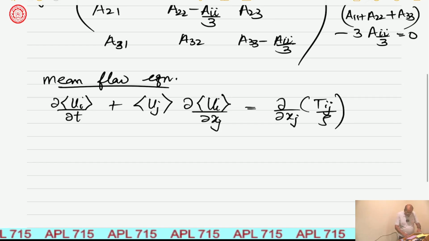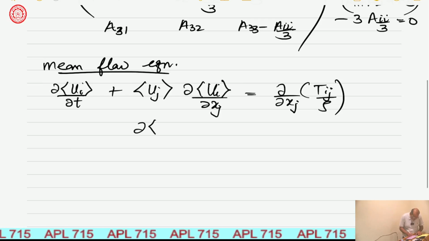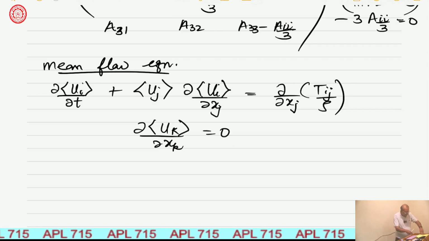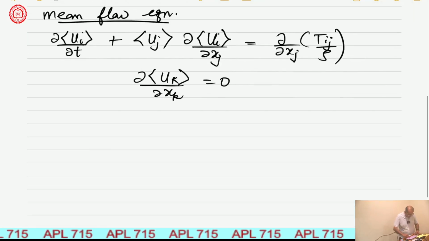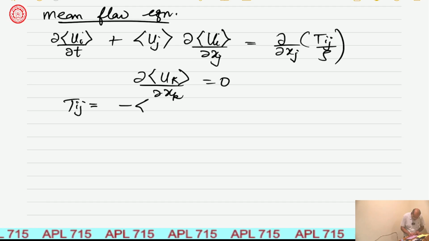We are assuming that density is constant, so we'll pull it out of the brackets whenever we like. And Tij was minus P delta ij plus 2 mu.